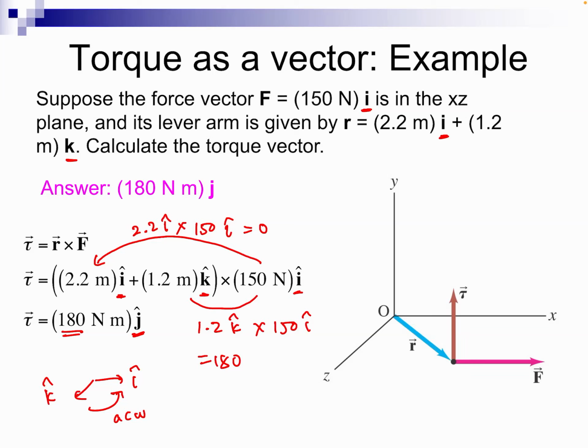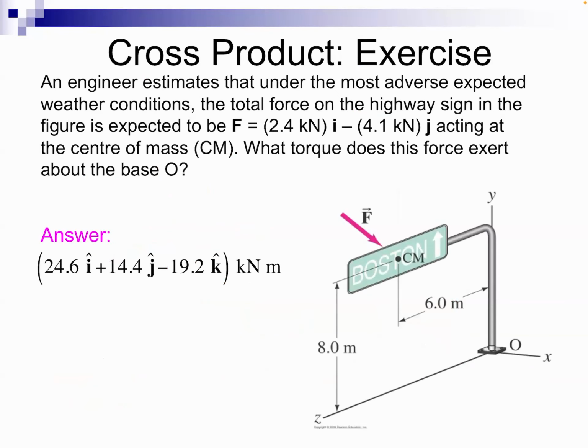Right. Okay. So for these problems, it's really just a straightforward application of the cross product. You can try this exercise. The force is given. It has i and j components. So the scenario is sort of like this, where you have the sign.